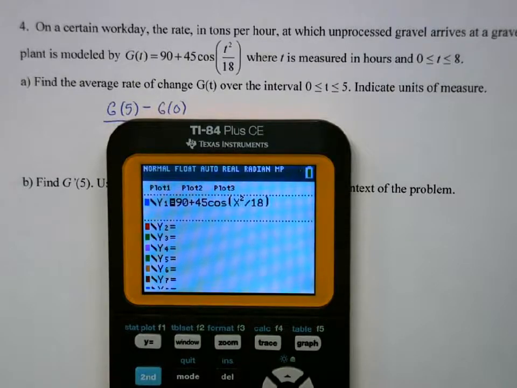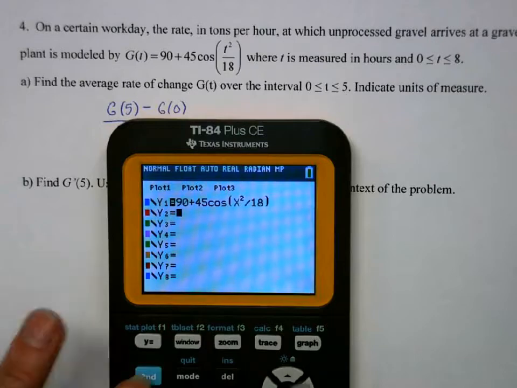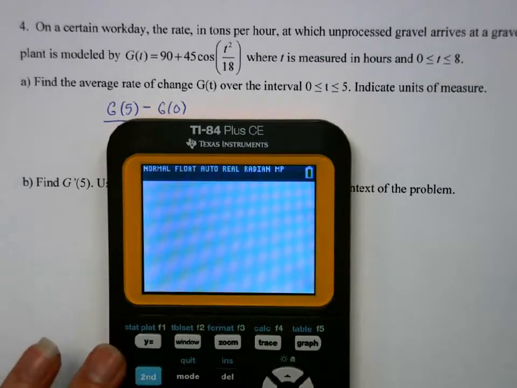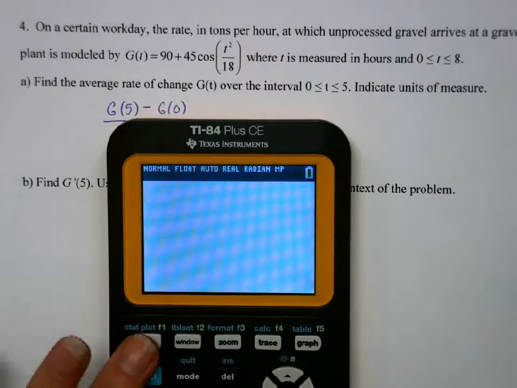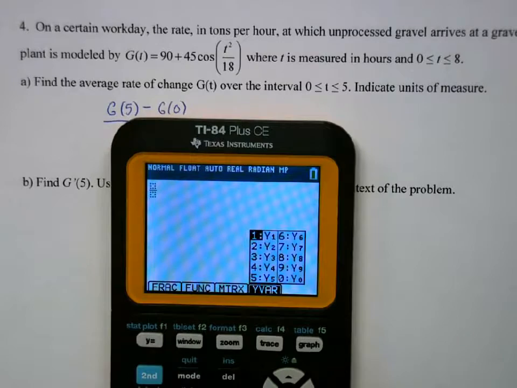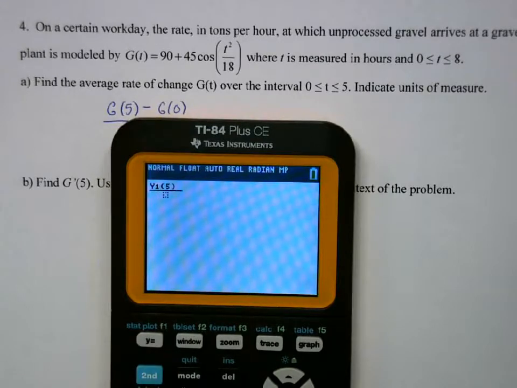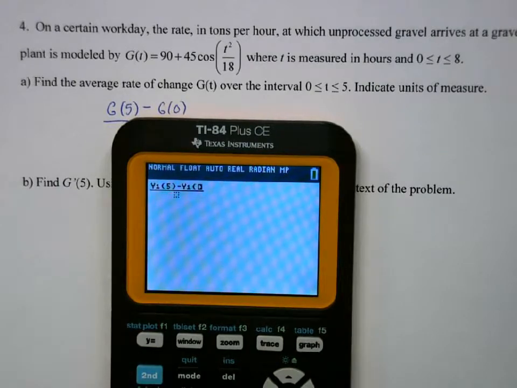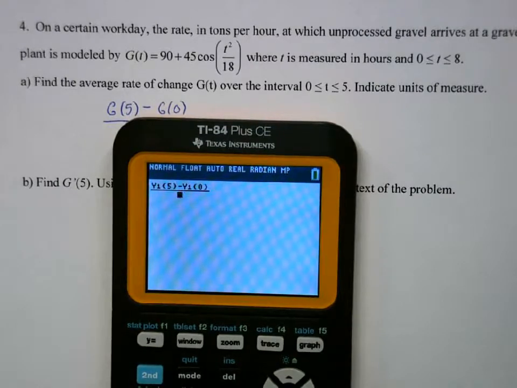Okay, so now I can evaluate. So here I'm going to do fraction. On the top, I want y1 evaluated at 5 minus y1 evaluated at 0 over 5 minus 0.